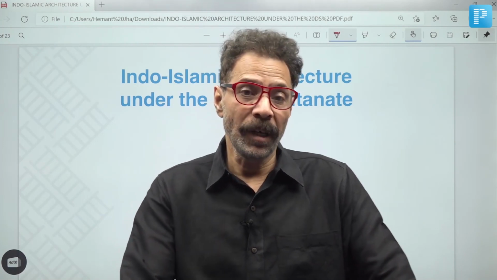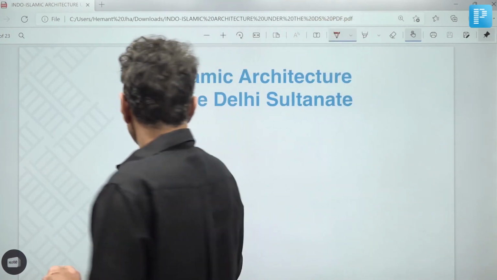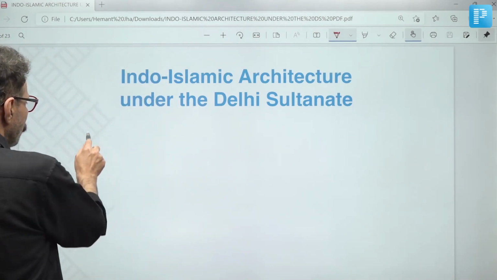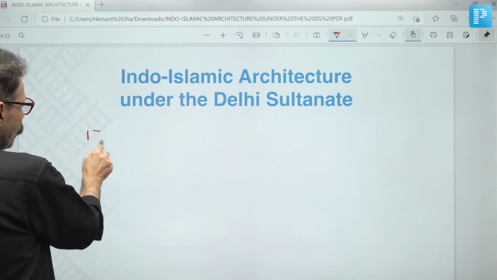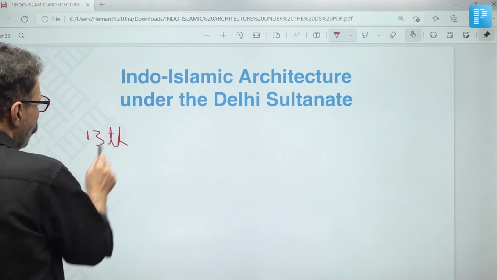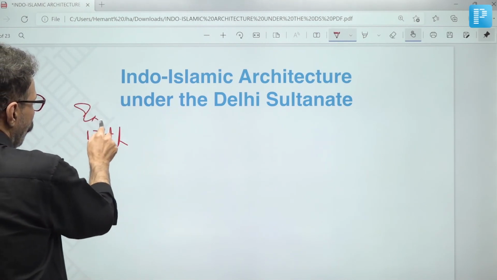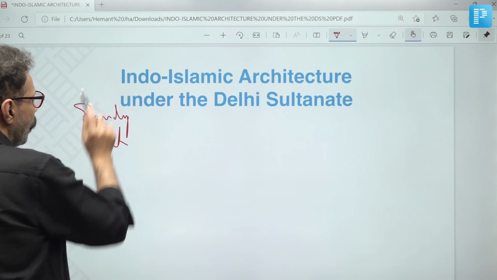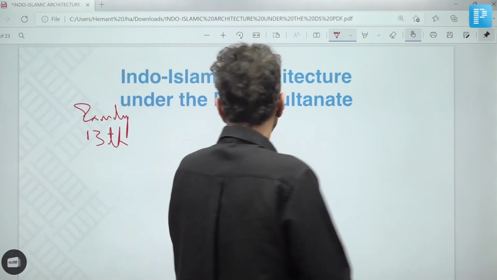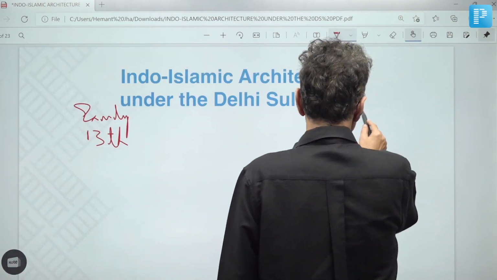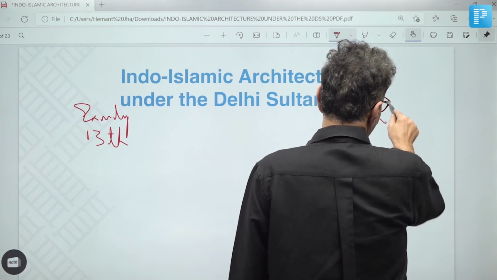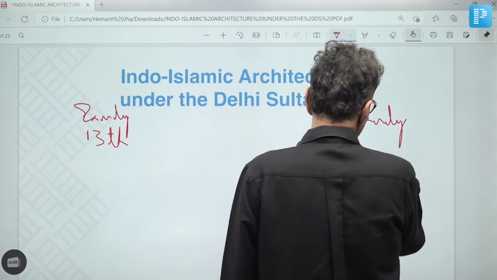And as you have come to know, the Delhi Sultanate came into existence in early 13th century, and this ended in early 16th century.